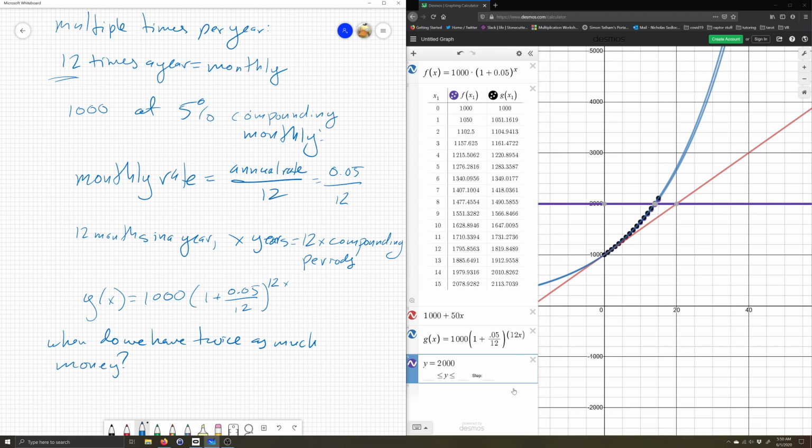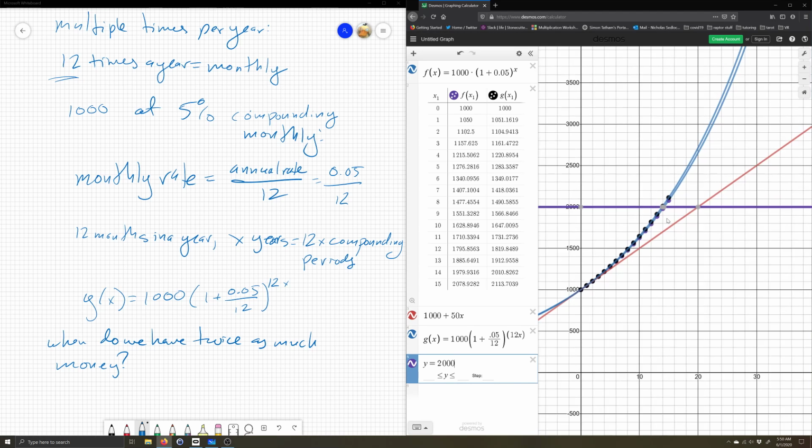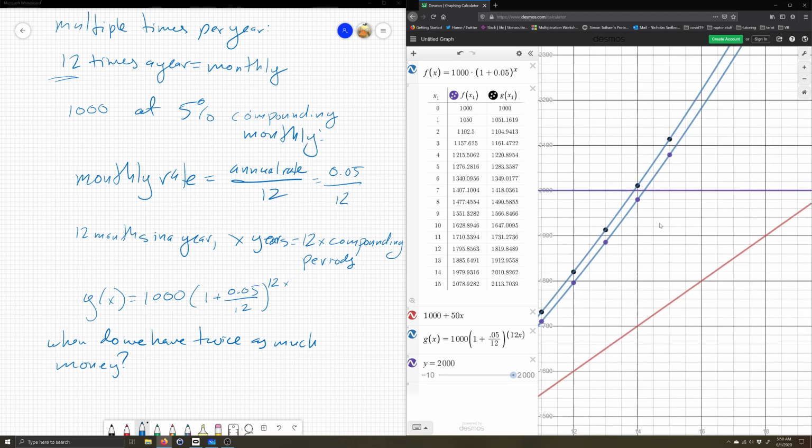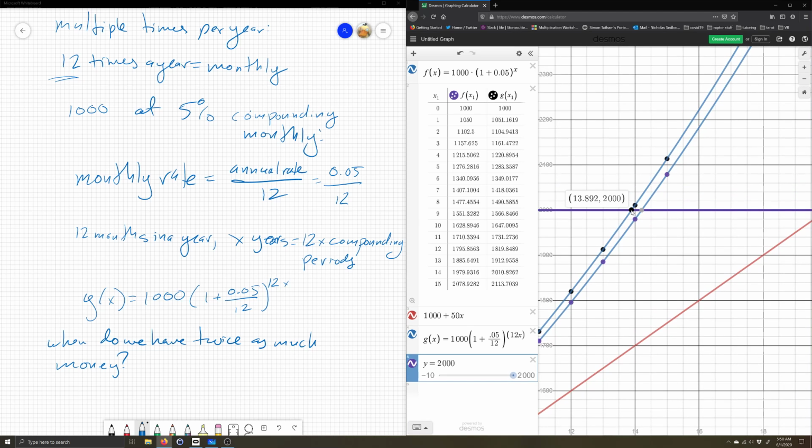We have twice as much money when y is 2,000. So if I zoom in, you can see that on the monthly graph, it takes a little less than 14 years. And on the annually graph, it takes a little more than 14 years.